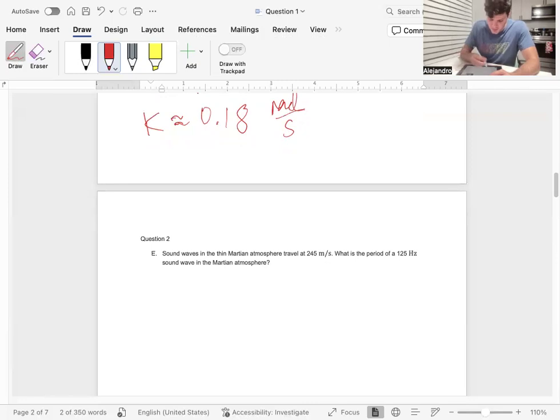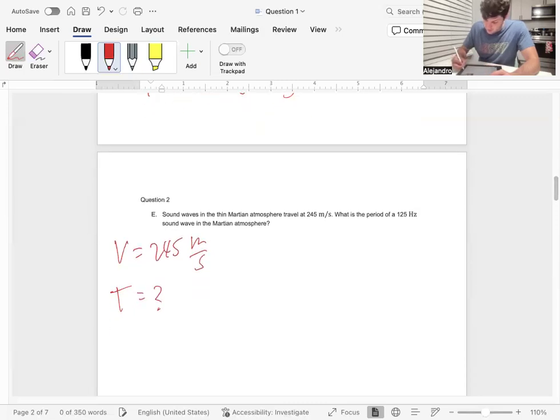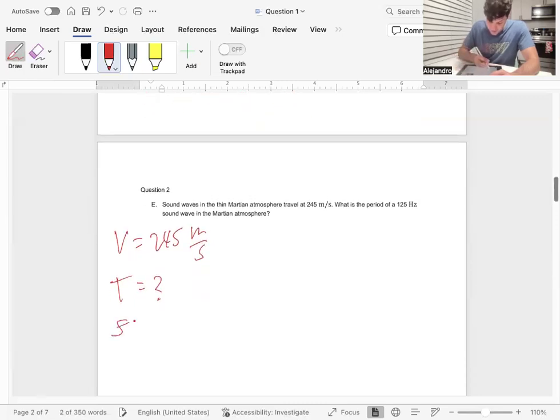That will be the speed. We need to find the period. We don't know what it is, but we know the frequency is 125 hertz.